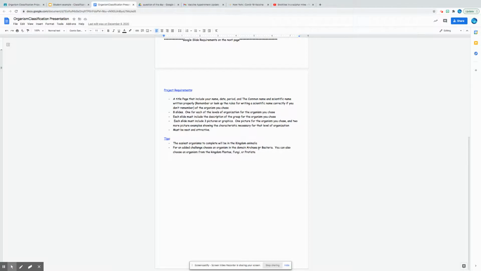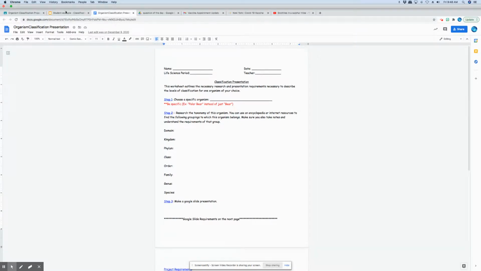We've talked about the Archaea domain being those chemosynthetic organisms, those extremophiles. Very, very interesting species of organism. Organisms in the kingdom Fungi are also very interesting. So if you're looking for a little challenge and are interested in learning something new, pick some of those others. Okay, and that is really it on the worksheet side.